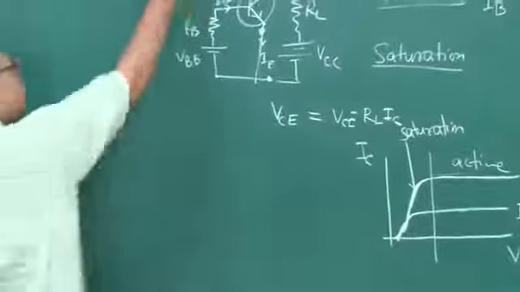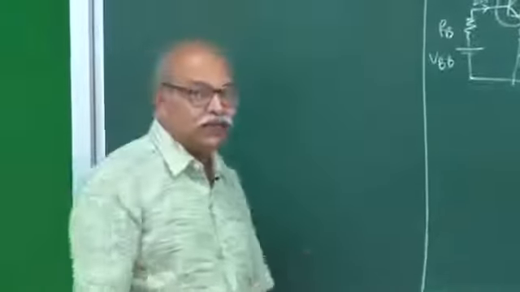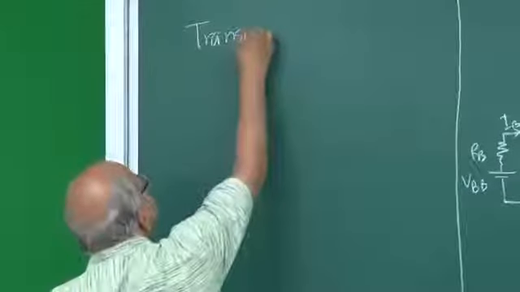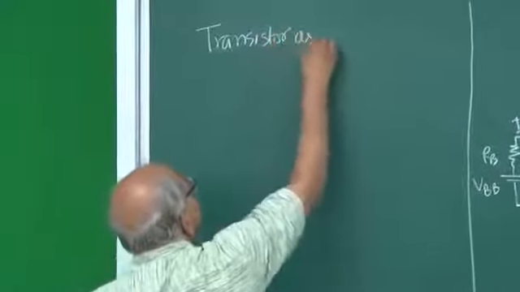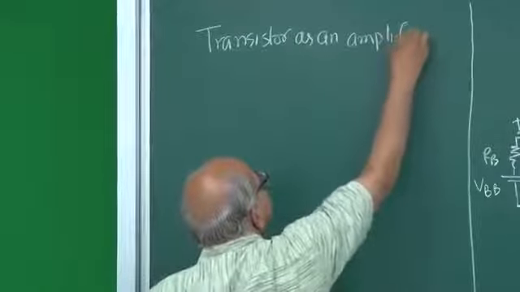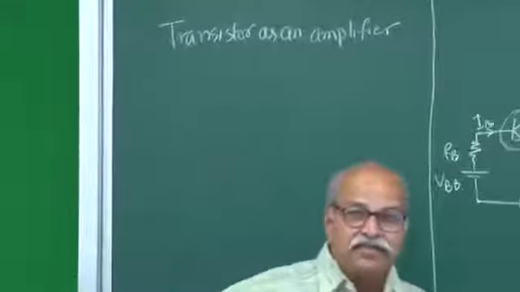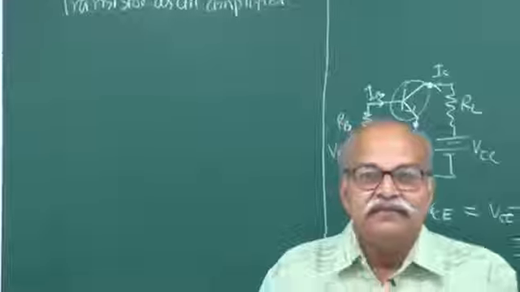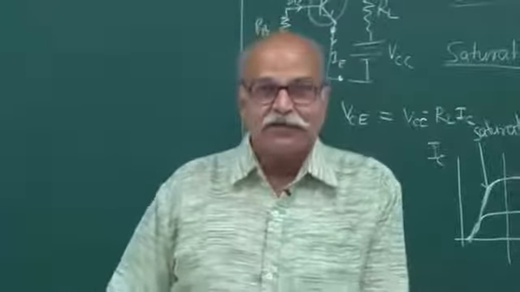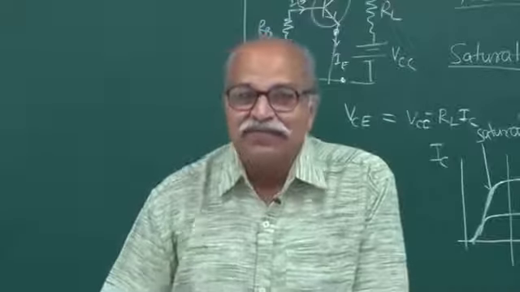Now based on this, let me start with an application for which the transistor is primarily known, and that is transistor as an amplifier. Amplifiers, you know, I am speaking, although I am trying to speak loudly, but may not be loud enough to let 100 people or 1000 people listen to this voice.